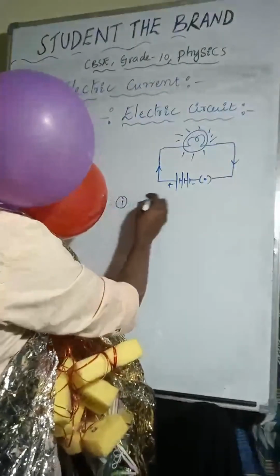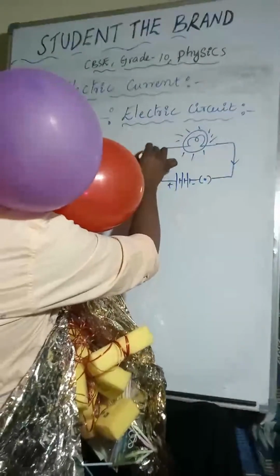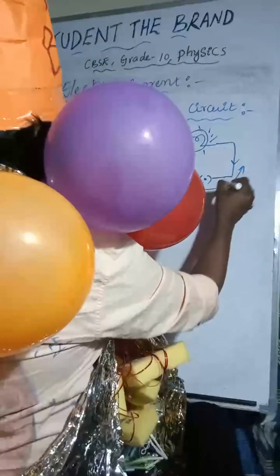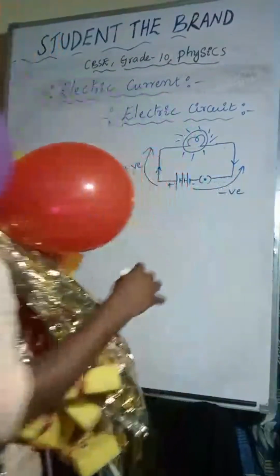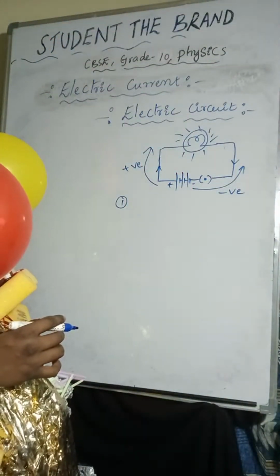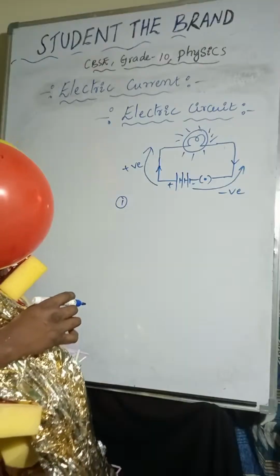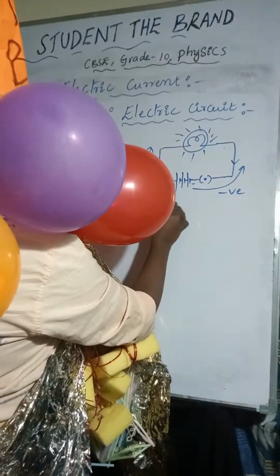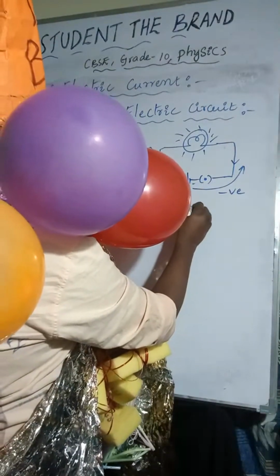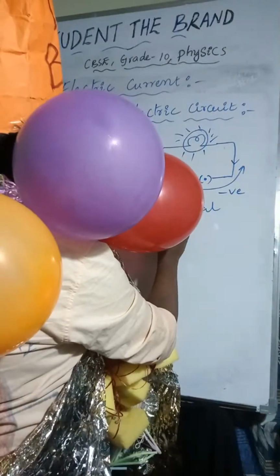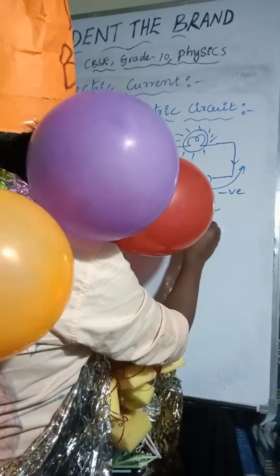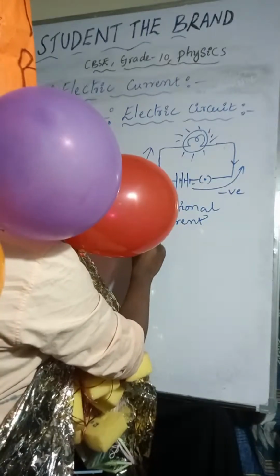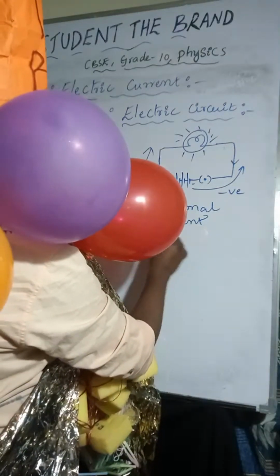Here positive charges are moving from positive terminal to negative terminal, whereas electrons are moving from negative terminal to positive terminal. So here you can observe conventional current and electric current.